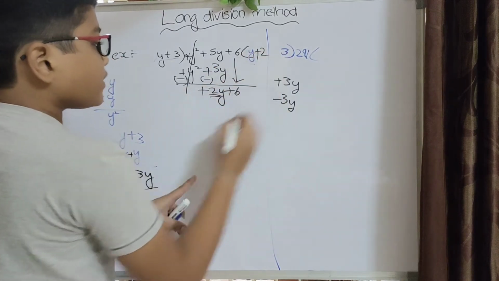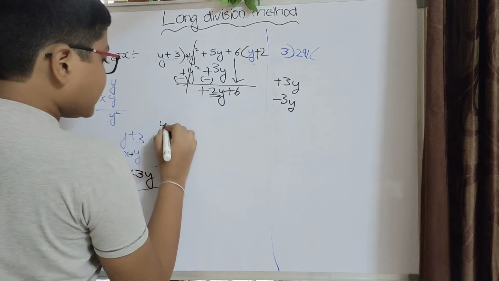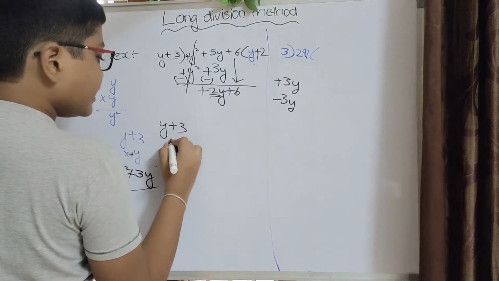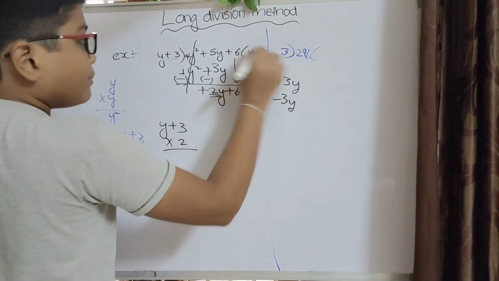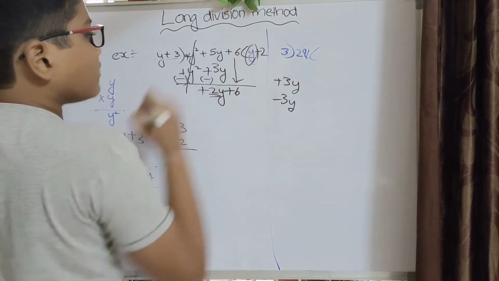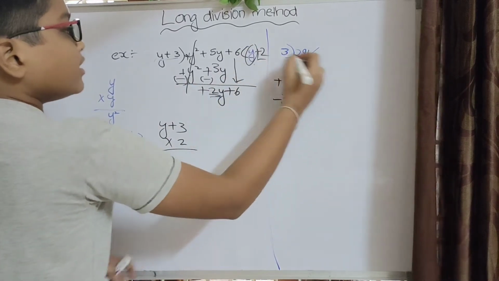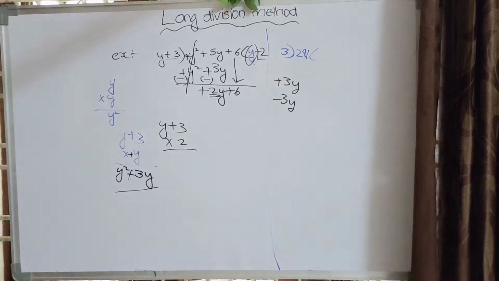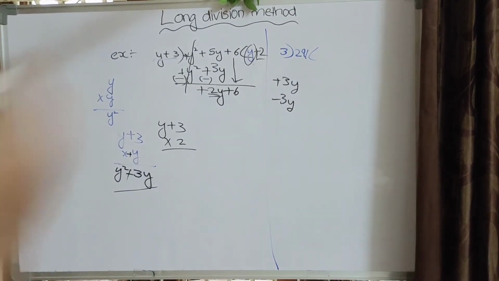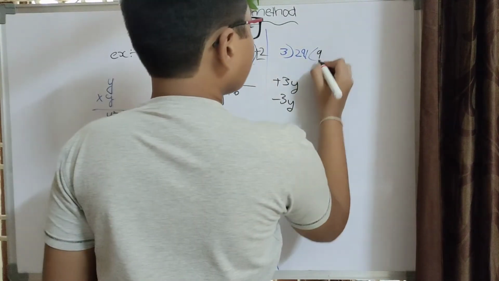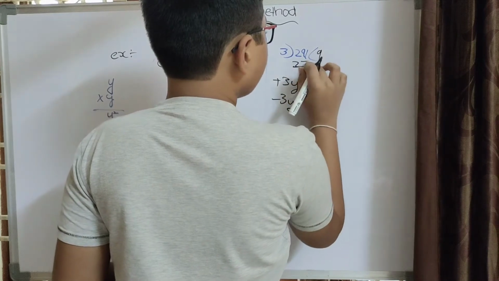Now here divide, again multiply y plus 3 into only 2, not y plus 2. Already we multiplied with y, so only for 2. Here, 3 9s are 27.